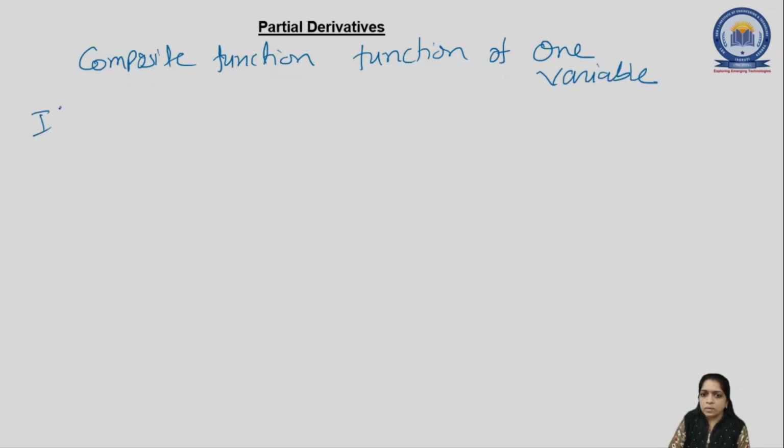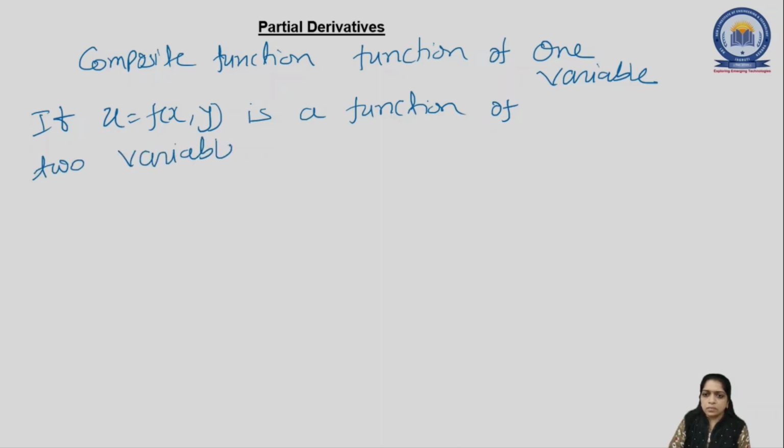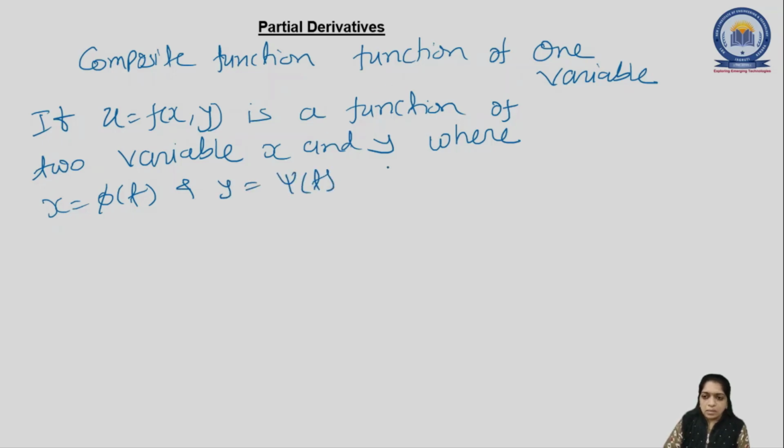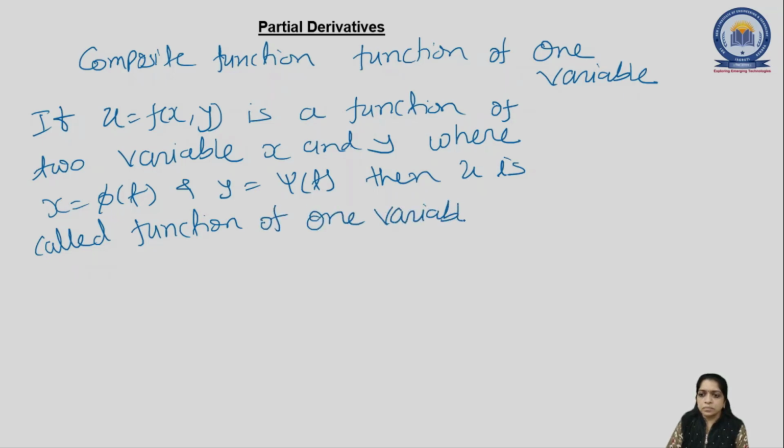Here, if u is equal to f of xy is a function of two variables x and y, x is equal to phi t and y is equal to psi t, then u is called a composite function of t.